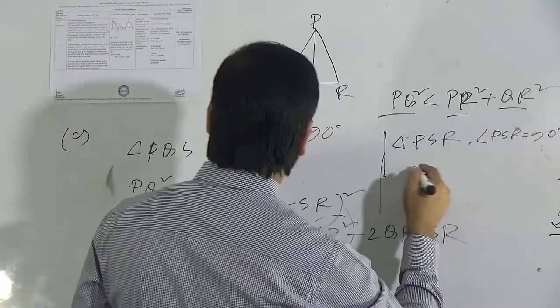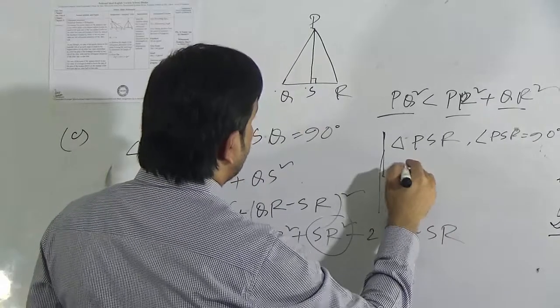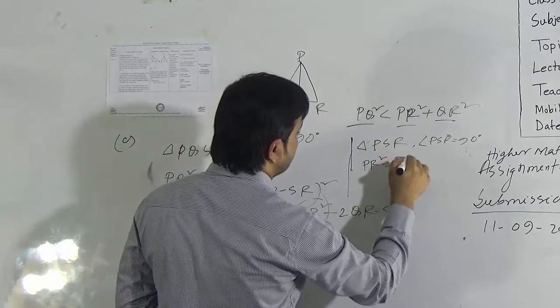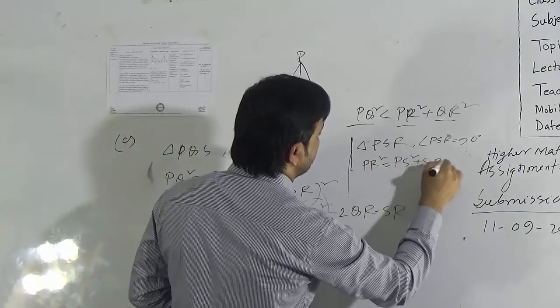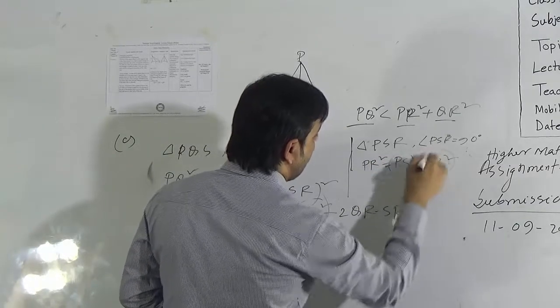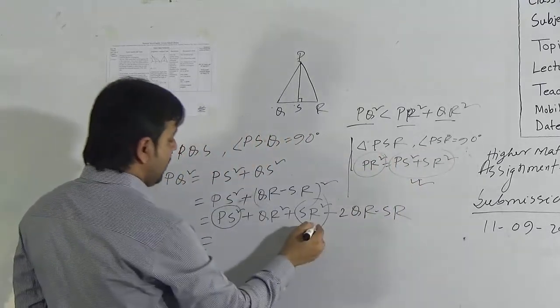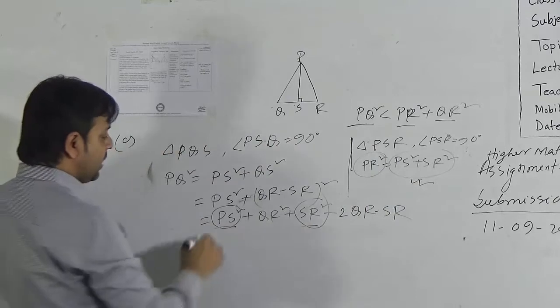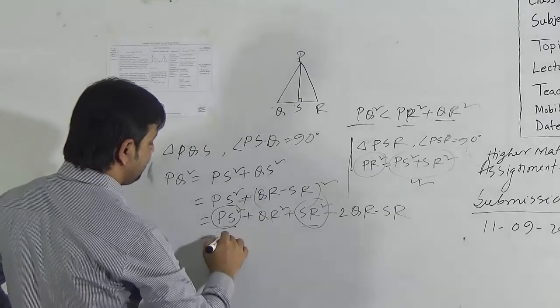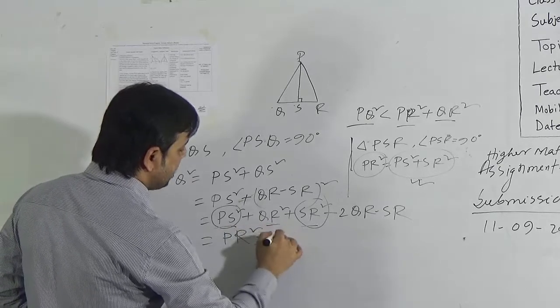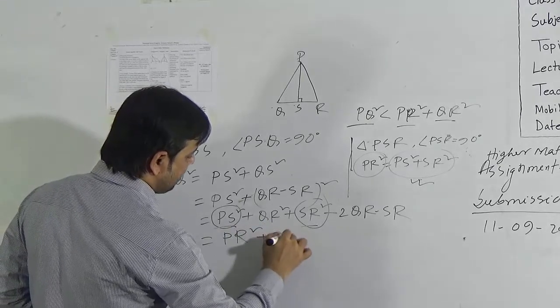In that case, the hypotenuse is PR. So PR square is equal to PS square plus SR square. So the sum of PS square and SR square we can write as PR square.